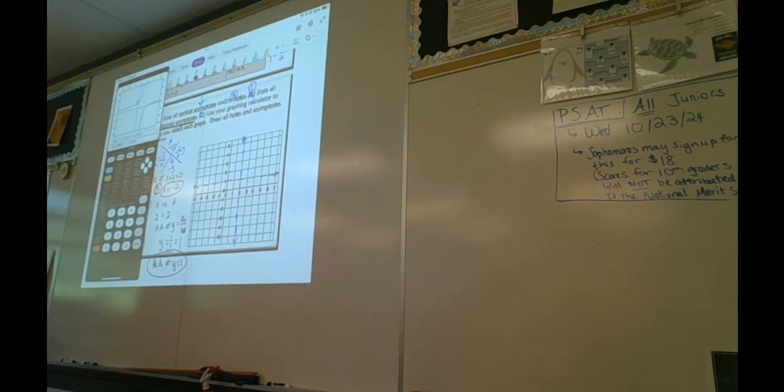So it looks like our graph kind of goes through, does it look like x equals 6 to you? I don't love how this graphing calculator is set up, so I'm just going to graph it on here.